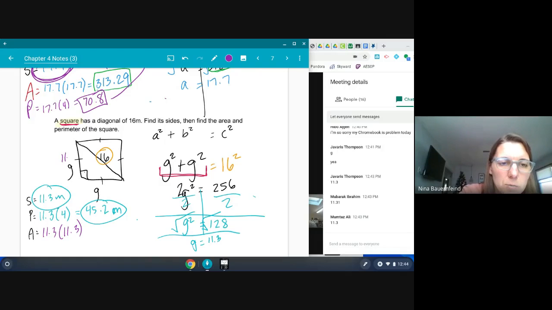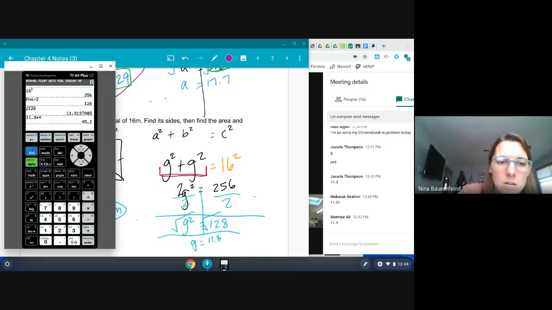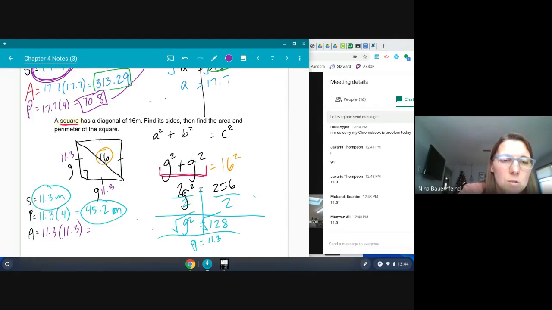It's the 2 sides multiplied. $127.69. Now, on the quiz, if it said go to 1 decimal spot, what would this be? If I asked you to do to 1 decimal spot, what would you put right there?